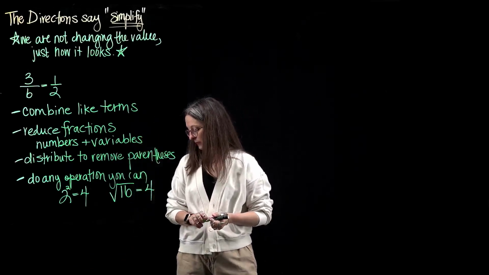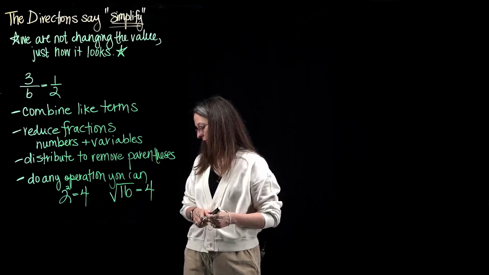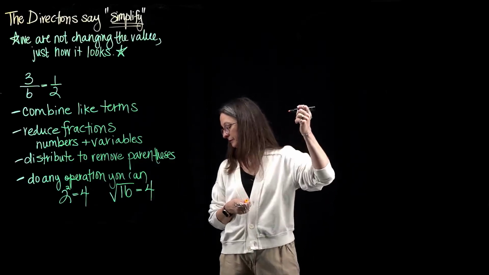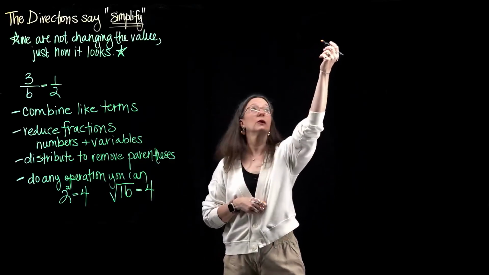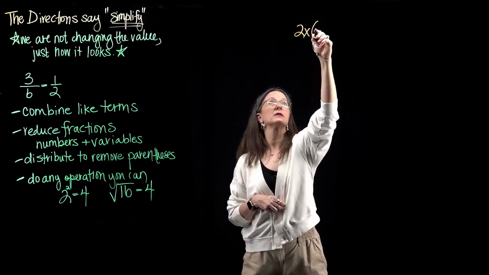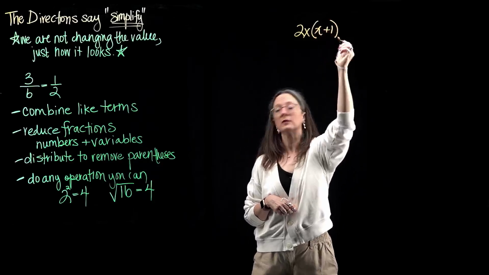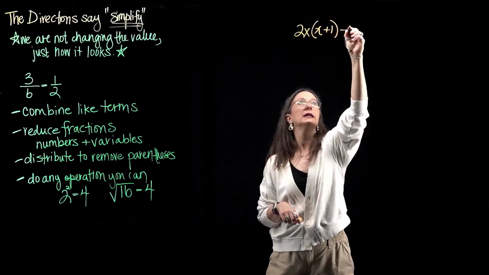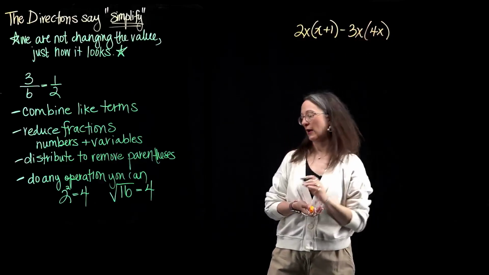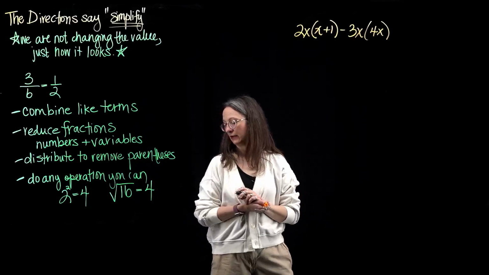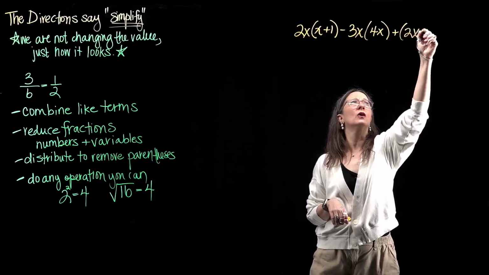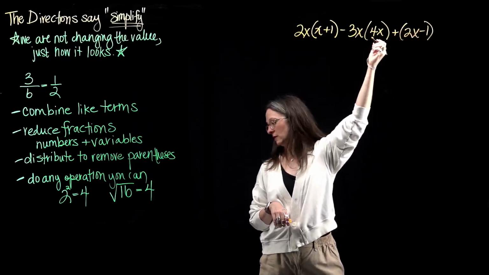So let's look at some examples. All right, so the first one, I'm going to write 2x times x plus 1 minus 3x times 4x. Oh, and I had a little bit more on there. We're going to do a whole long problem here.